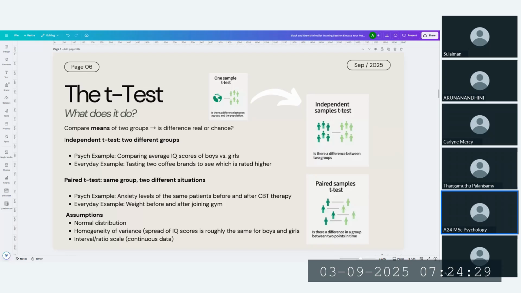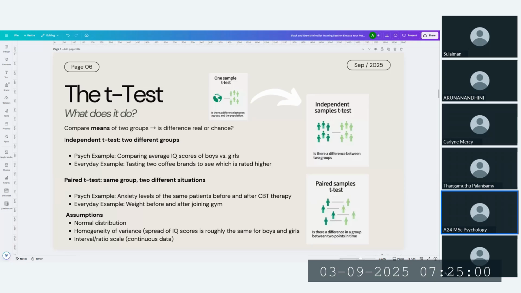This occurs, so here we will take two examples. There are two types of t-tests. One is an independent t-test, which is between two different groups, and a paired t-test, which is the same group in two different situations. So from psychology, here is an example. One is you compare the average IQ scores of boys versus girls in a classroom, right?